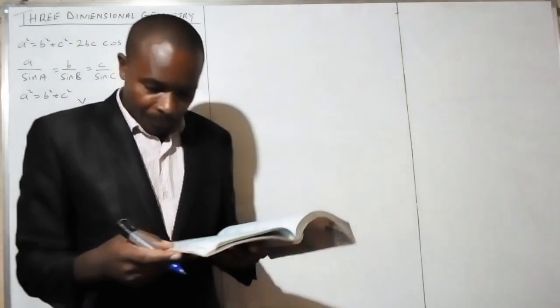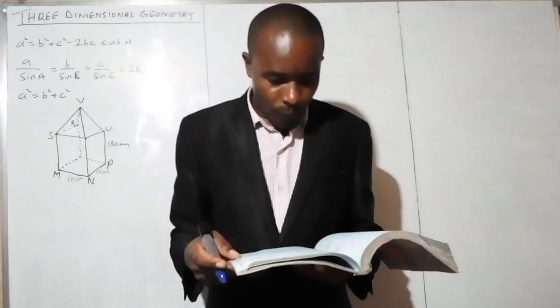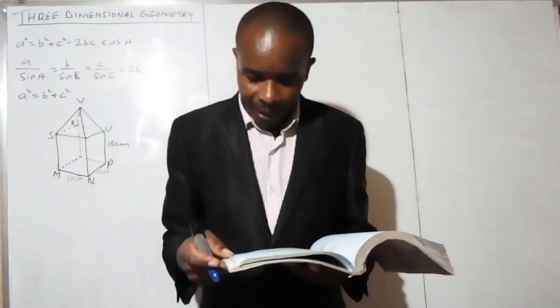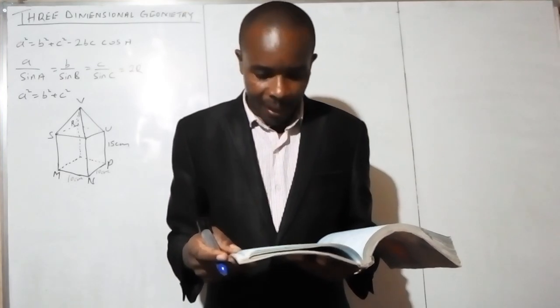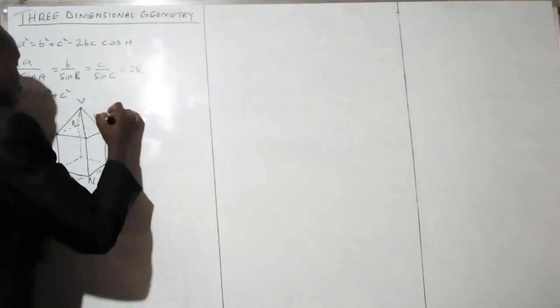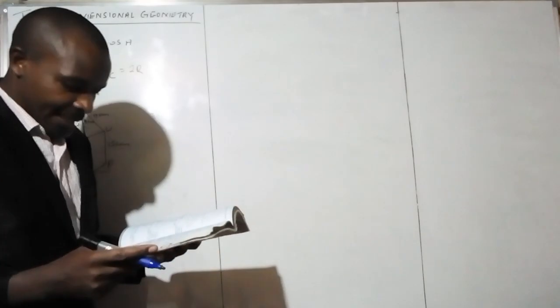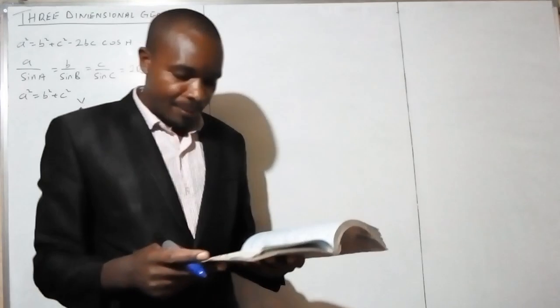Next, we have UV, TV, SV, RV, all these sides are 13 centimeters. Next is a question carrying 10 marks.